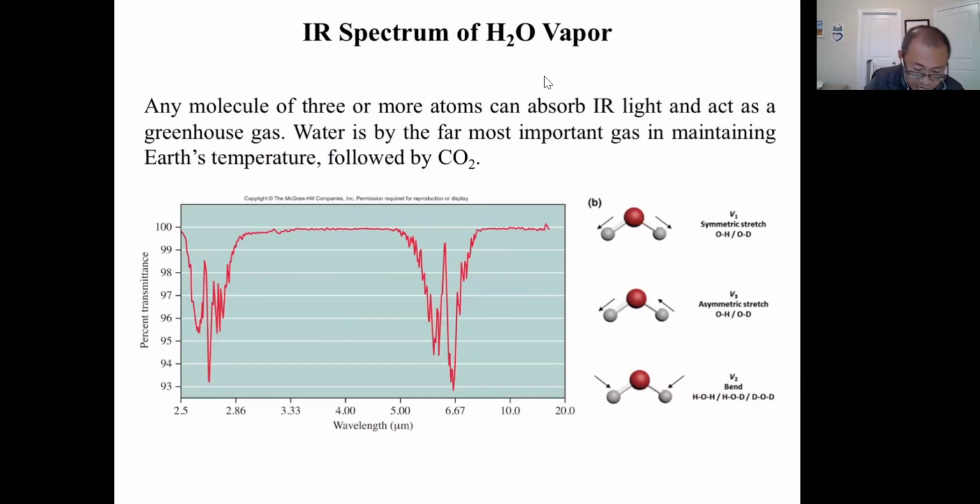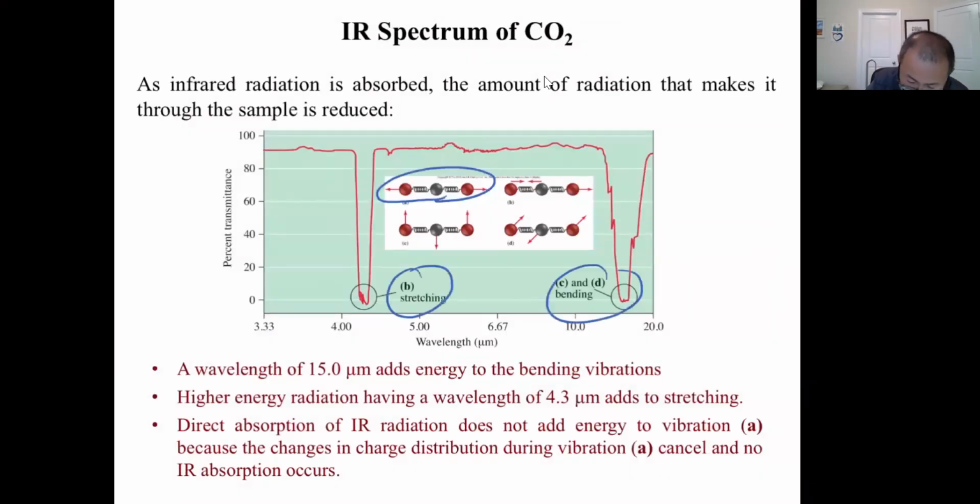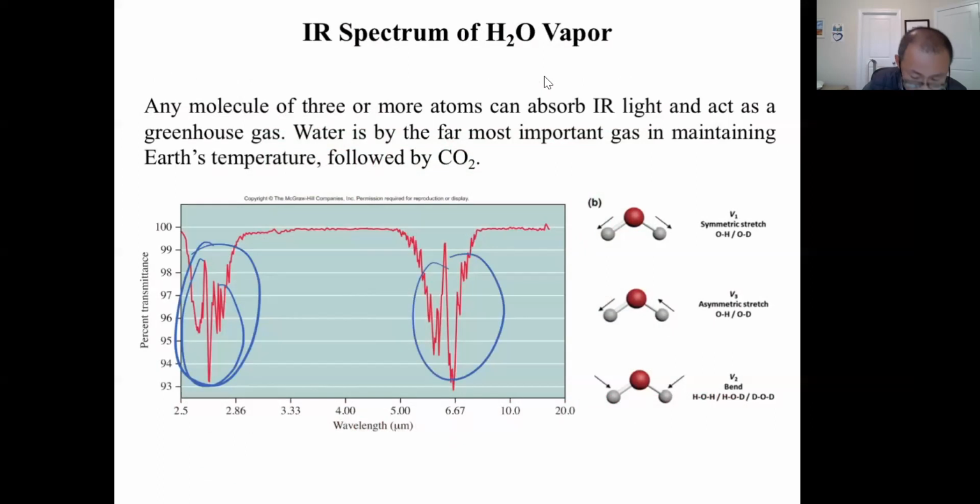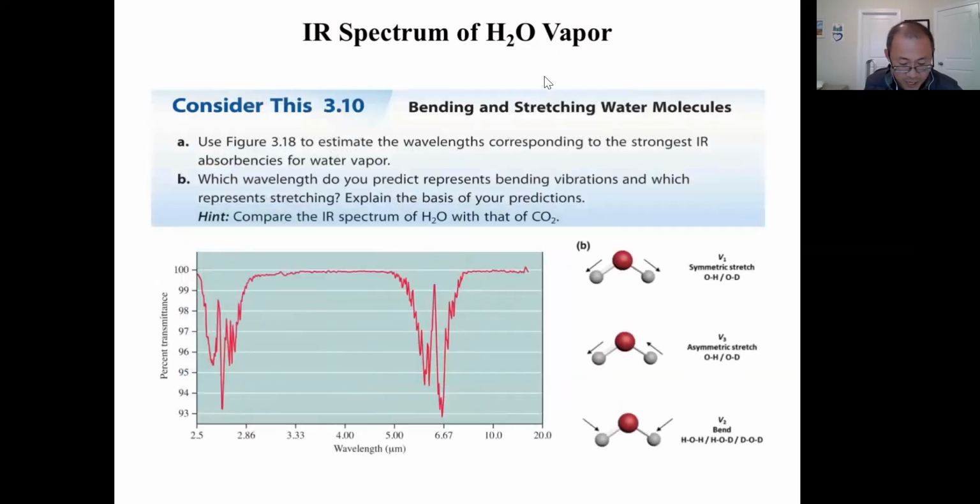So the 2 groups of water IR absorption correspond to stretch and bending, the same as here. The shorter wavelengths correspond to what? Stretching. Longer wavelengths correspond to bending. Okay, here's a practice showing you.